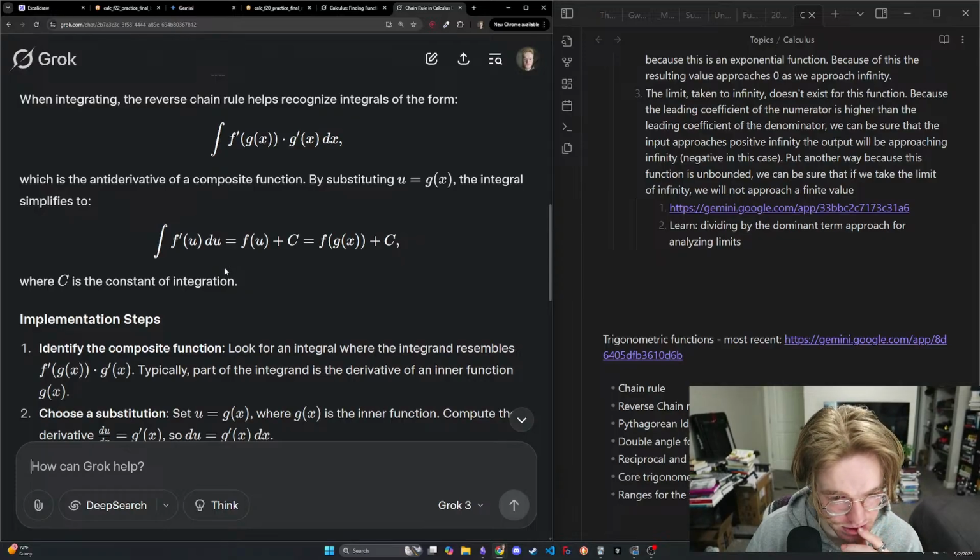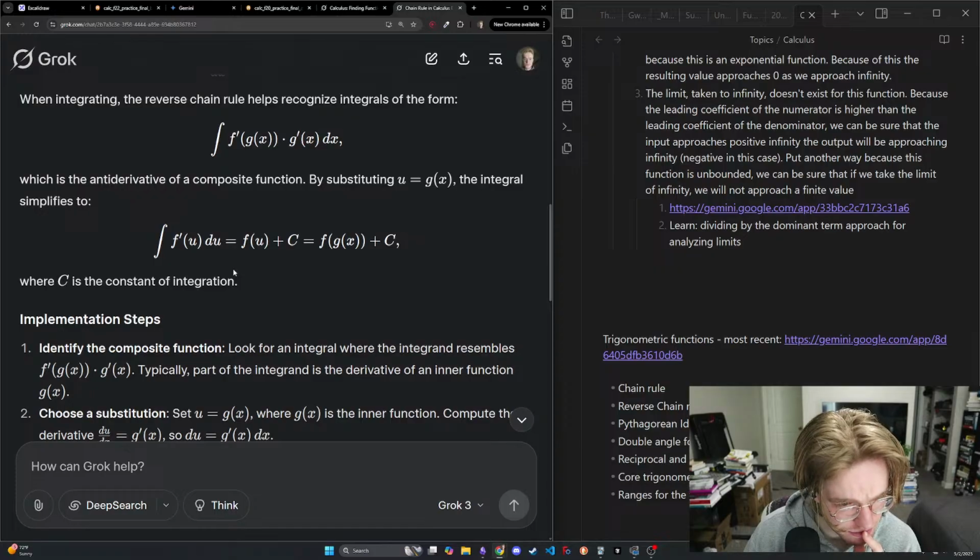By substituting u equals g of x, the integral simplifies to the integral of f prime of u du equals f of u plus c equals f of g of x plus c.